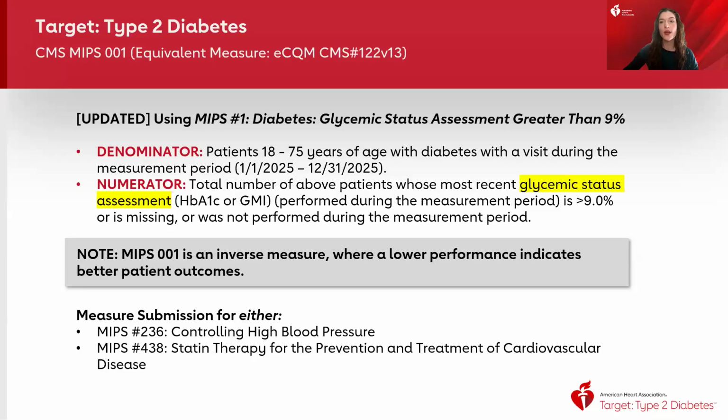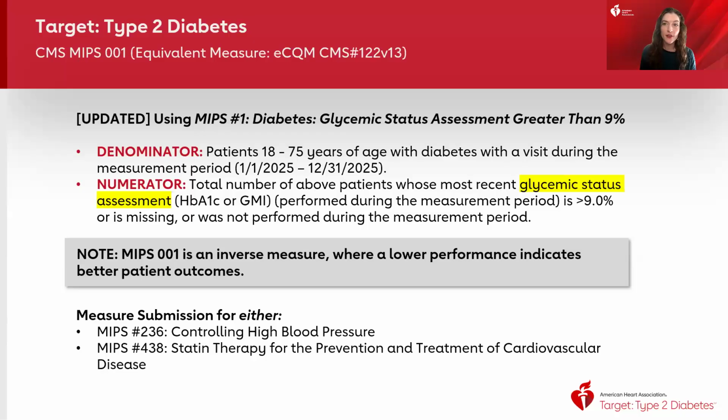Please remember when you're completing this measure that unlike the two measures Allison just walked through, this is an inverse measure. So a lower performance rate is going to indicate a better performance. Additionally, because Target Type 2 Diabetes, the program, is focused on cardiovascular disease risk in patients with diabetes, we also ask for an additional measure submission.